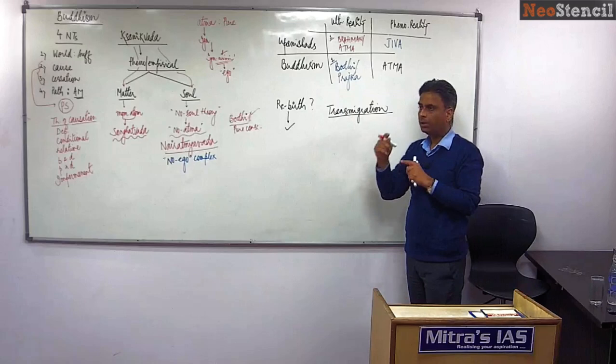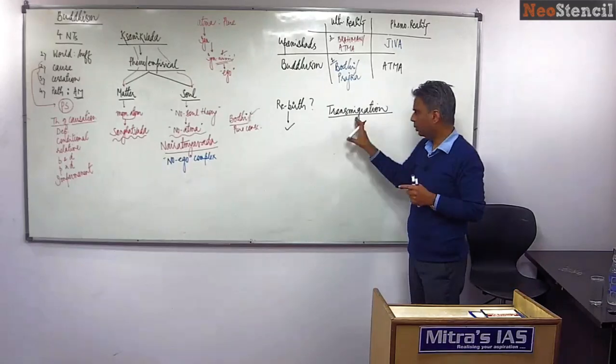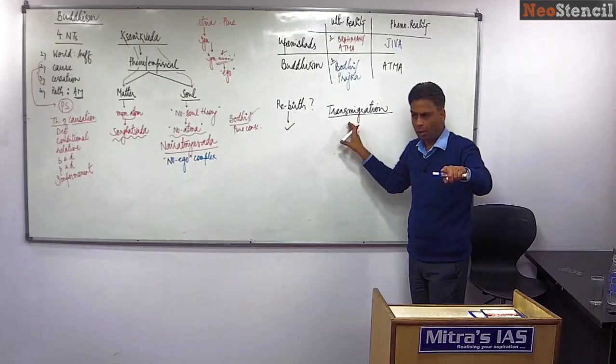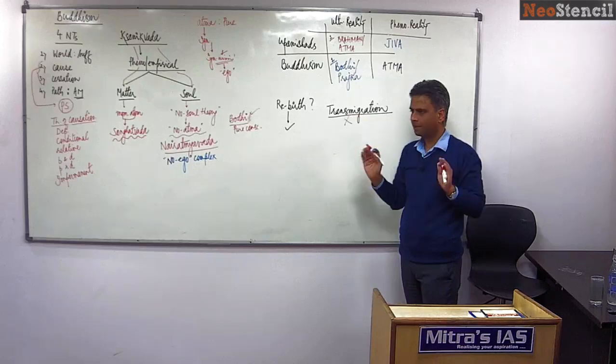There is some permanent thing which is transferring from one birth to another birth. So is Buddha believing in transmigration? No. Why is there confusion? Not at all. He does not believe in transmigration because there is no permanent soul. Permanence कुछ है नहीं इनकी philosophy में.